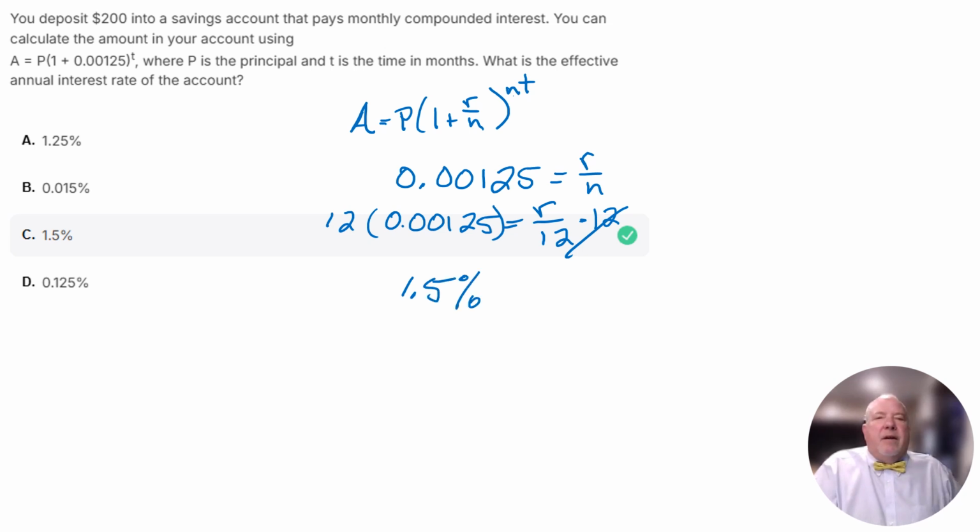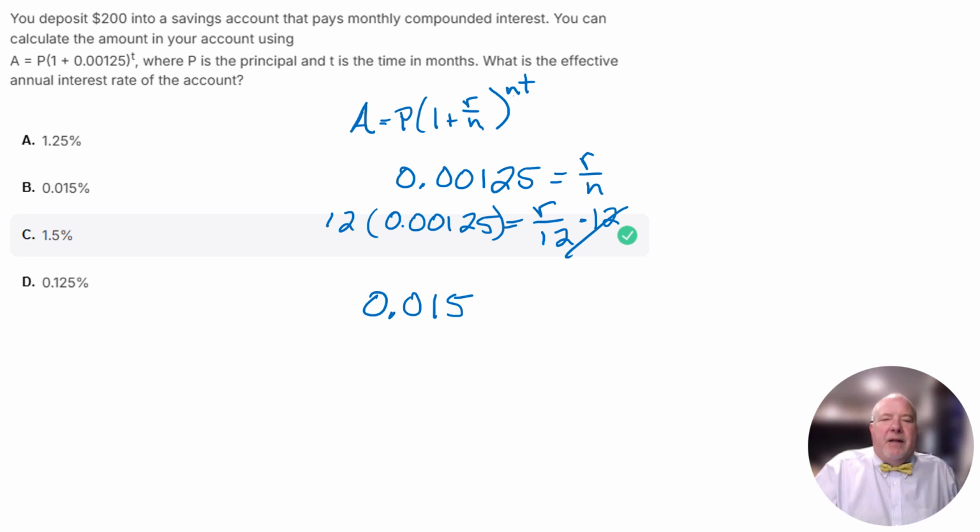It's an R. Actually, I take that back. Let me back up. When you multiply those together, what you get is, sorry, you get 0.015. Kind of happy I did that because that points out a common mistake.